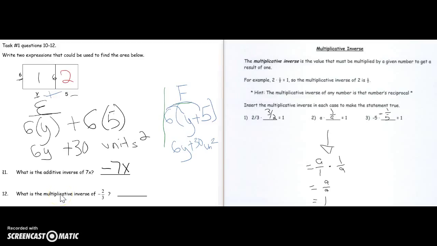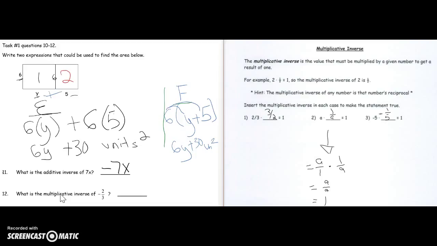Now for question 12, it's asking, what is the multiplicative inverse of negative 2/3? If we go to the opposite side of our screen, the multiplicative inverse is a value that must be multiplied by a given number to get the result of 1. So in the example, they show us 2 times 1/2 equals 1. So the multiplicative inverse of the number 2 would be 1/2.